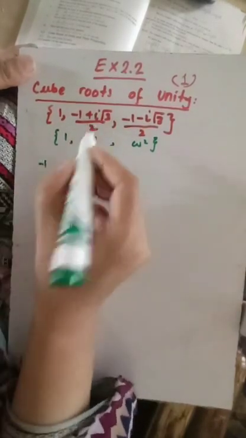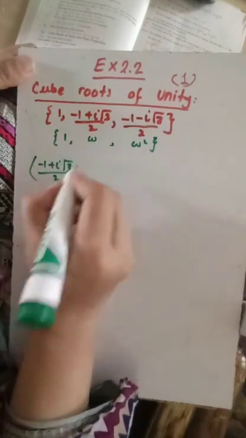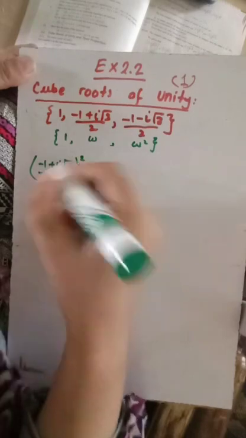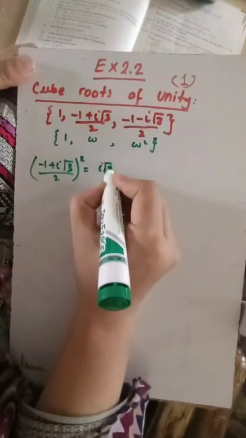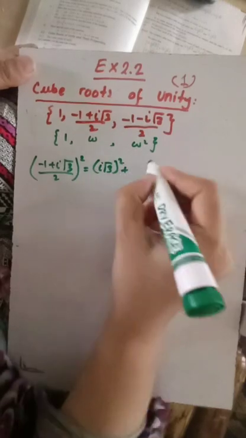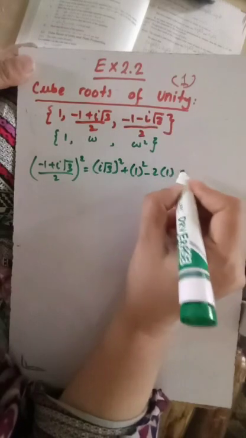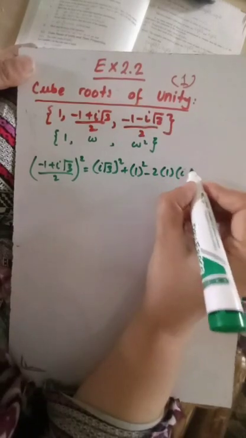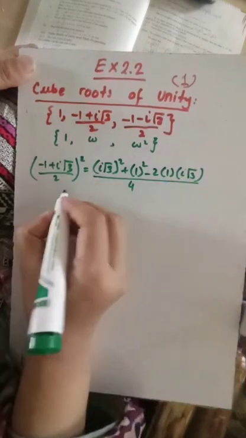If I take the square of this complex cube root by applying the formula (a minus b) square equals a square plus b square minus 2ab, where a is 1 and b is iota under root 3, this will be equal to over 4.